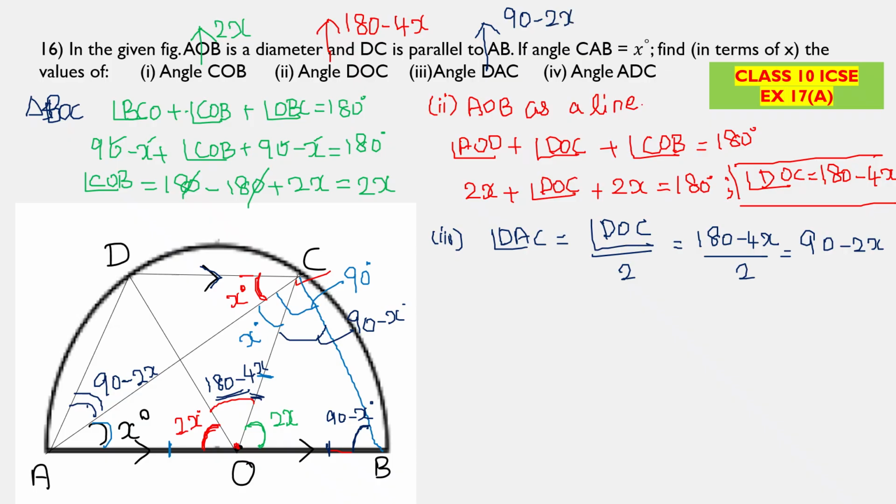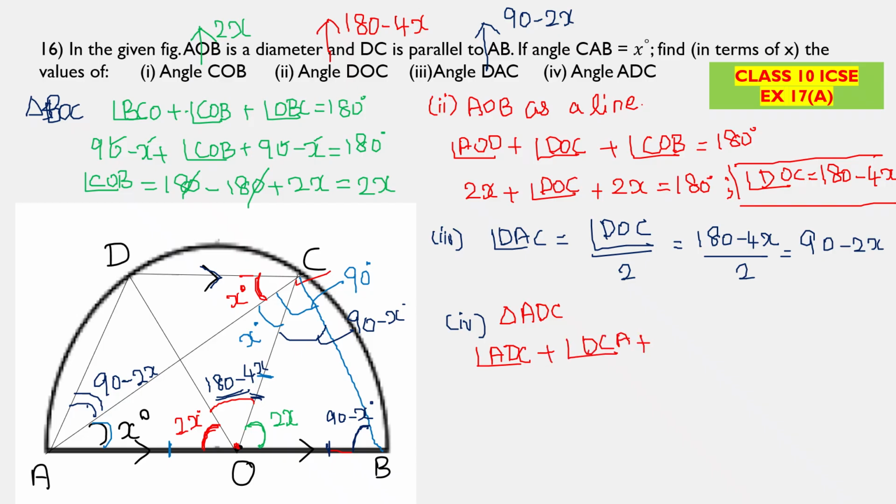Now one more question is there. We need to find the angle ADC. That is our last question. Can we consider the triangle ADC? Two angles are given, so we just find the other angle. Applying the angle sum property, ADC plus DCA plus CAD equals 180 degrees. ADC we are going to find.